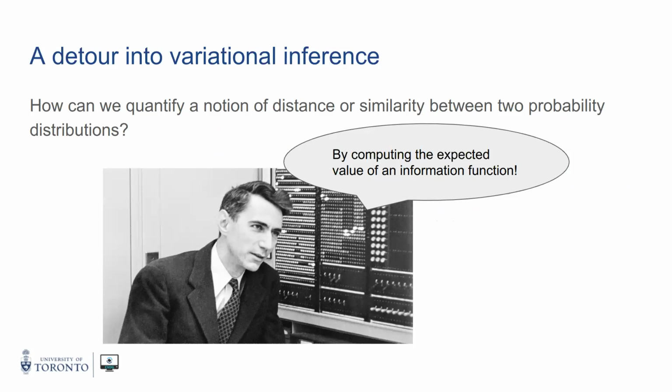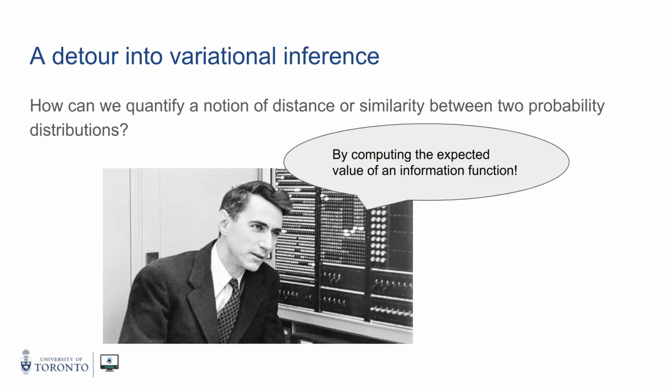So now you can see our problem turns into how do we quantify a notion of distance or similarity between two probability distributions. Maybe we want to call our distribution p theta, this normal distribution with mu of theta and sigma of theta.